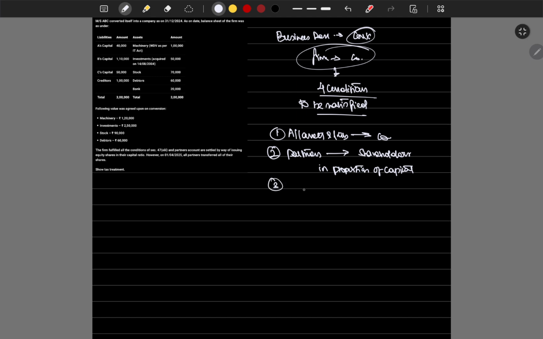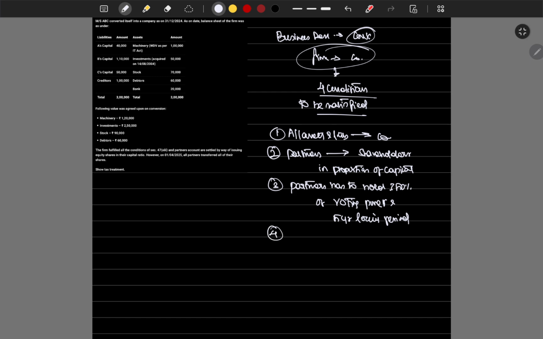Then the partners have to hold more than 50 percentage of the shares, more than 15 percentage of voting power, and a 5-year locking period.